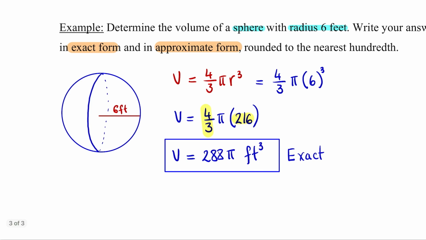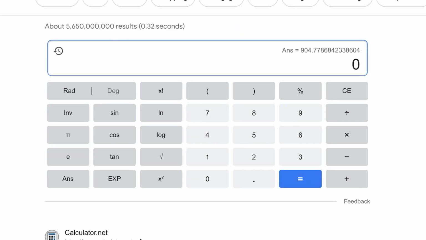Now, to find the approximation, I'll take 288 times pi. 288 times pi. That is 904.778684234.